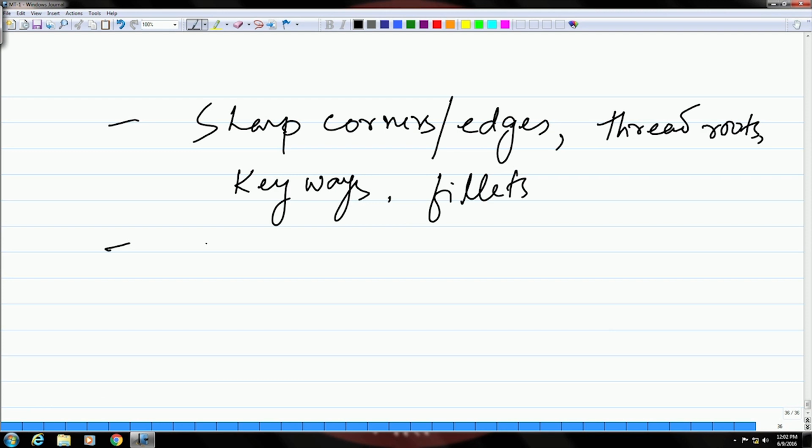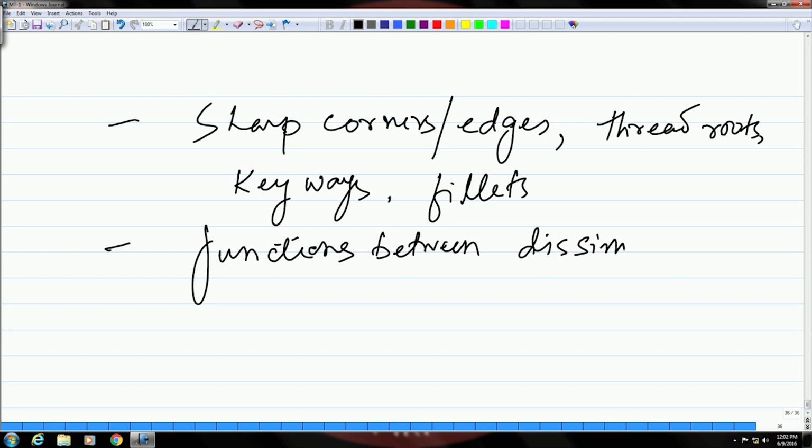Then if you have junctions of dissimilar metals, two different materials, two different metals, their magnetic properties are different.